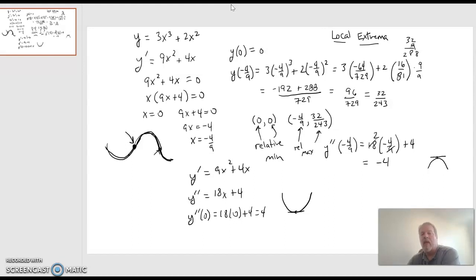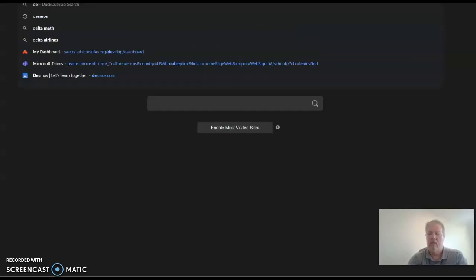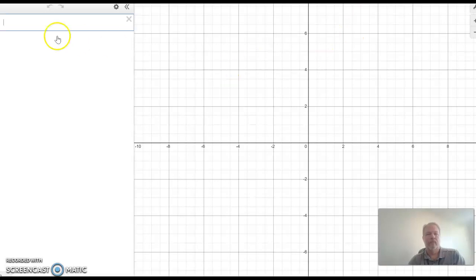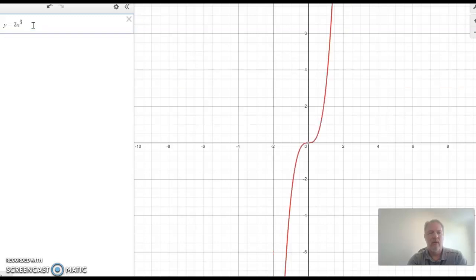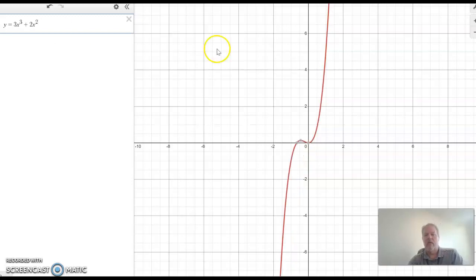Okay? And if we look at this graph on Desmos, 3x cubed plus 2x squared, let's look at it real quick. Y equals 3x cubed plus 2x squared. You get this function.